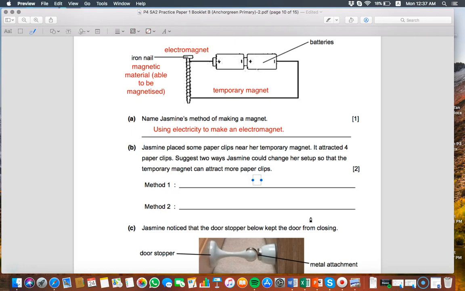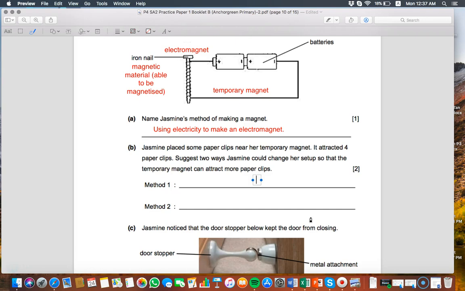For the first round, we actually changed the number of batteries, right? Then for the second round, we changed the number of coils around the magnetic material. So in this case, how can we attract more paper clips?